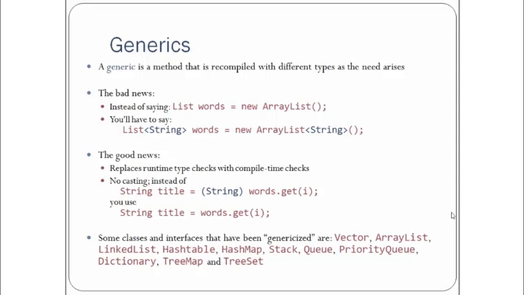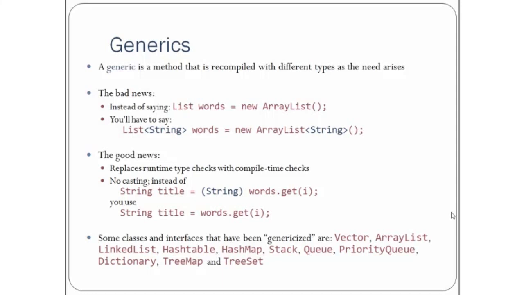Instead, you can use simply String title = words.get(i). So even if you don't cast it, it's okay, fine. But you have to define which type of ArrayList it is. If it's a string type, then you can enter only string type and retrieve any of the string type.